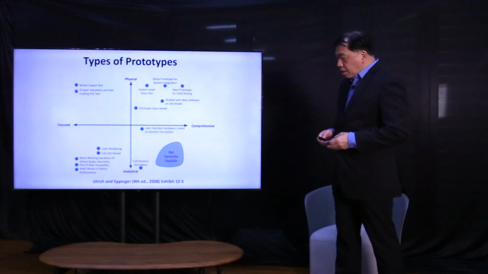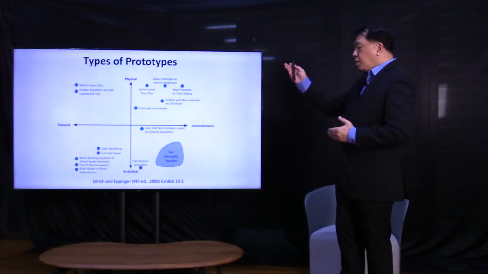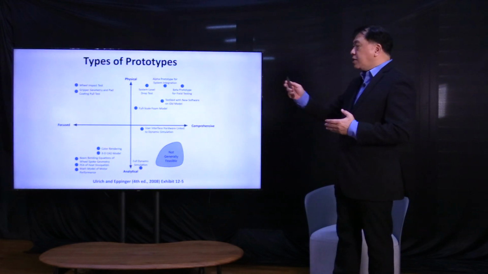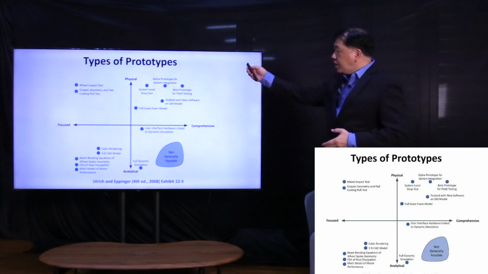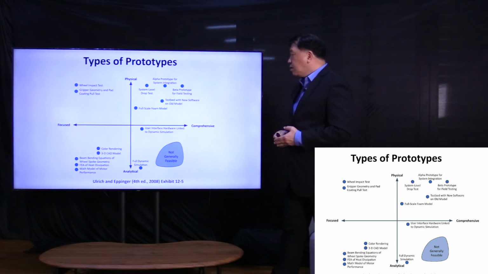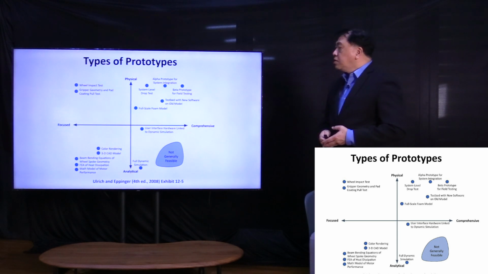Now, from the Ulrich and Eppinger book, they have helped us to classify prototyping into two axes with four boxes. Firstly, is it physical versus analytical? How about focused and comprehensive?